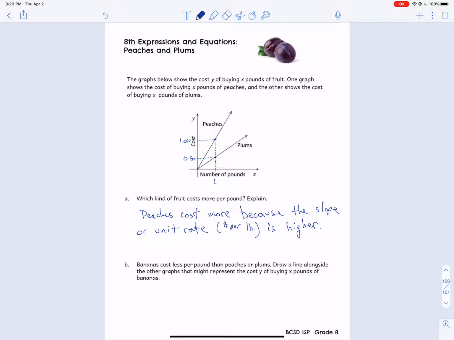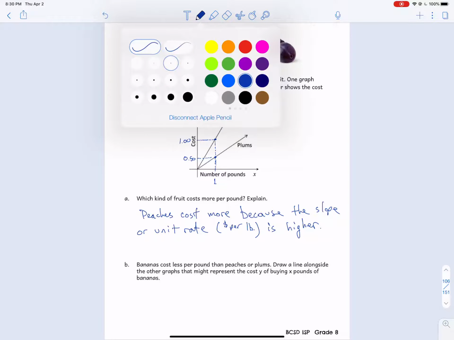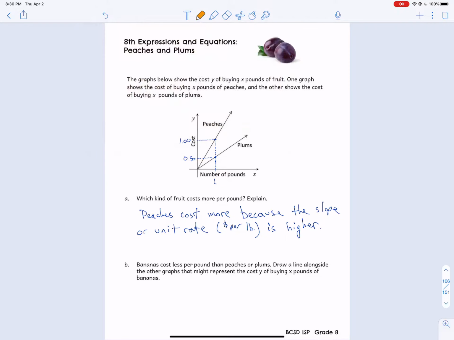Okay, B, bananas cost less per pound than peaches or plums. Draw a line alongside the other graphs that might represent the cost of buying bananas. So it is less than both of those. Again, it will start at the origin, so we just need to start there and draw a line.